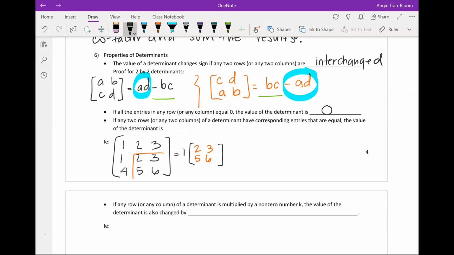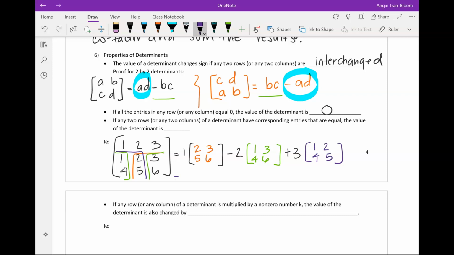Do we add next or subtract next? Subtract. Subtract 2, and we multiply by the determinant of the remaining 2 by 2, which is 1, 3, 4, 6. Then do we add next or subtract next? Add, and we multiply by the remaining 2 by 2, which is 1, 2, 4, 5.